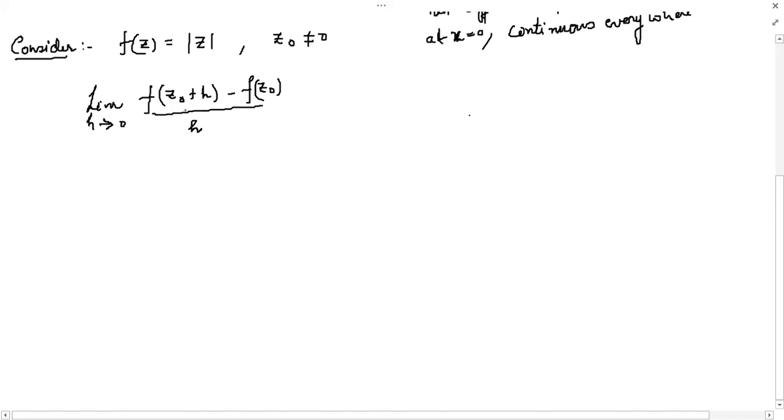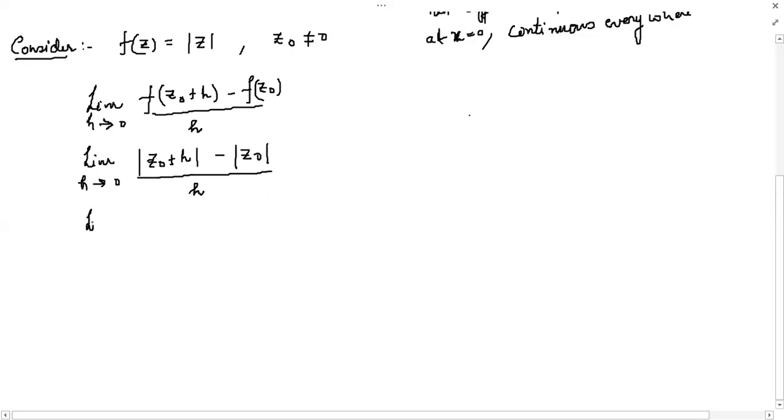Okay. So let us take this particular thing, that is f of z naught plus h minus f of z naught divided by h, and take limit h tends to 0. What is f of z naught plus h? I can write modulus of z naught plus h minus modulus of z naught, divided by h.